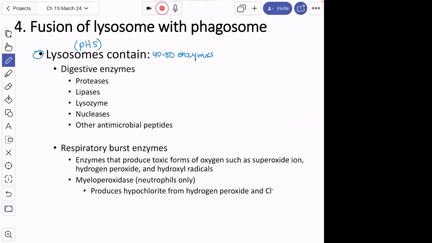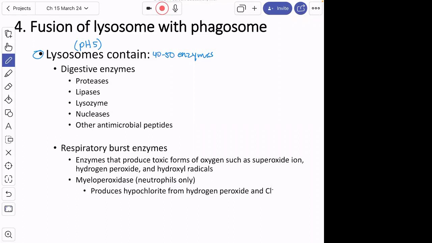It's actively pumping protons into the lysosome, spending energy, ATP, to do that. That's active transport, pumping in protons in order to lower the pH, and that alone makes it an inhospitable place for most microbes.